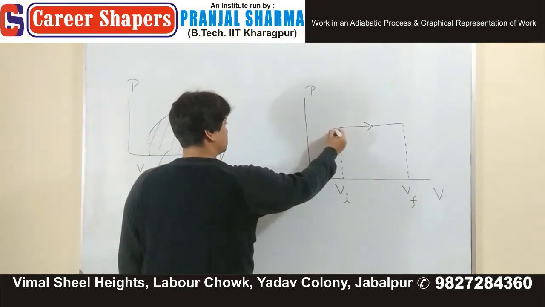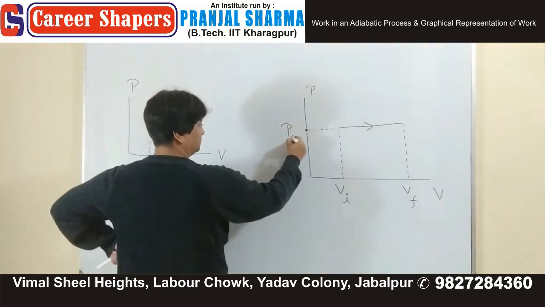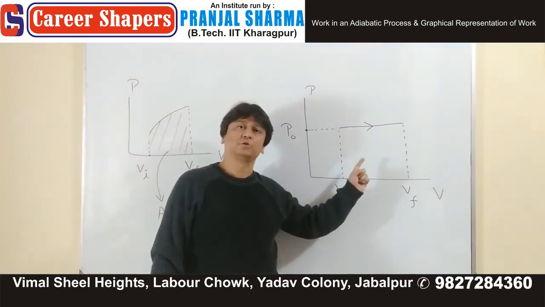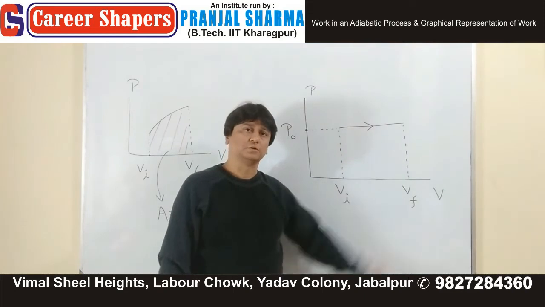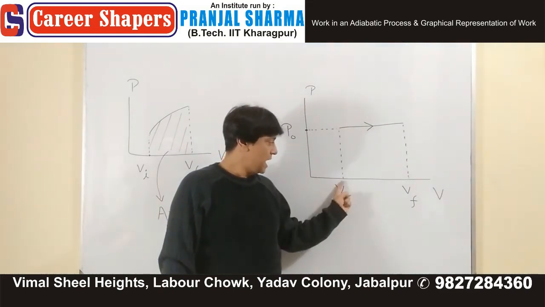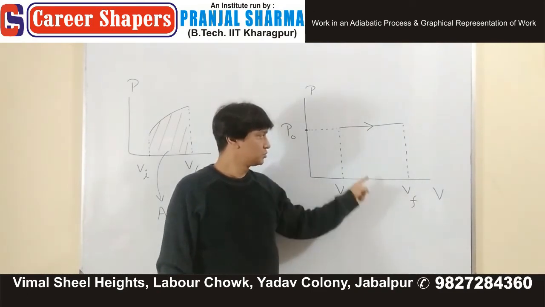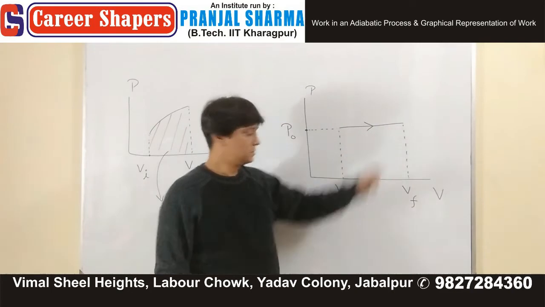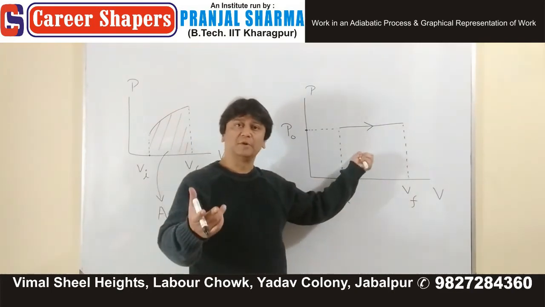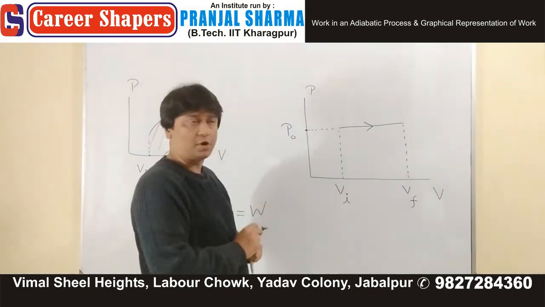And this is P naught. So this is the graph for an isobaric process. For any value of V, volume, pressure is what? Constant. So for a short answer question in school examinations, that is how you draw the graph of an isobaric process.